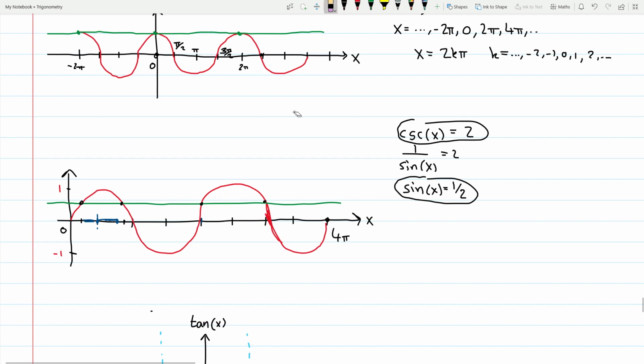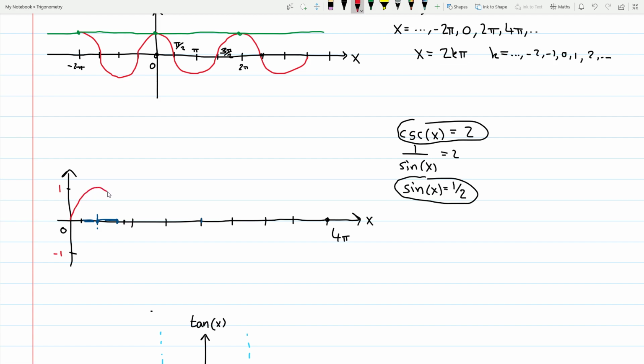In fact, let me try and draw this graph a little bit more carefully because I want the geometry to be obvious. And so we have our points sort of here, here, here, and here.